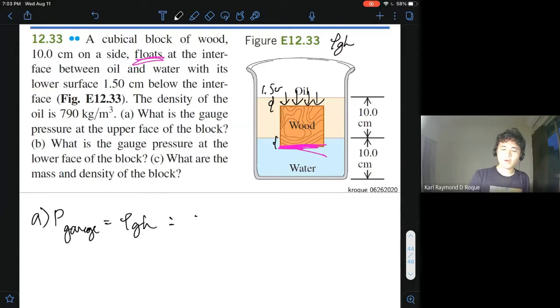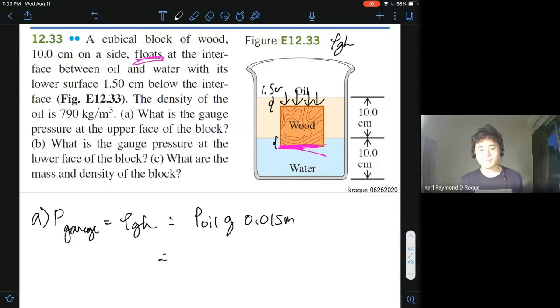So, rho oil G 0.015. Ang lalabas is 116.13 Pascal.